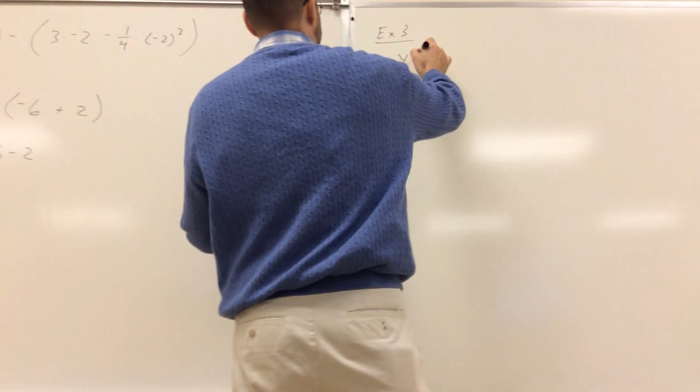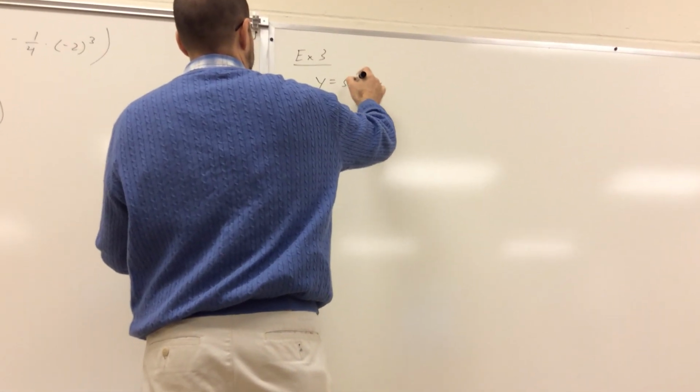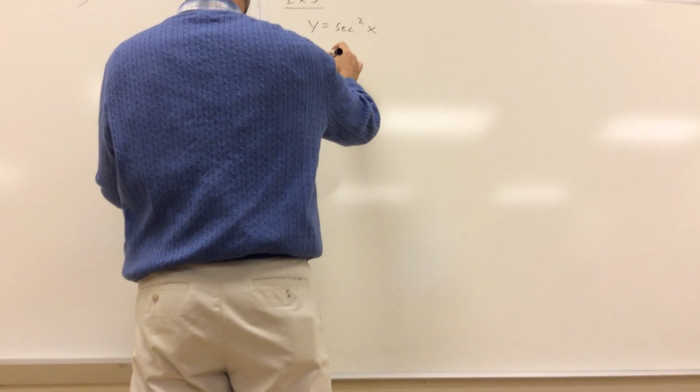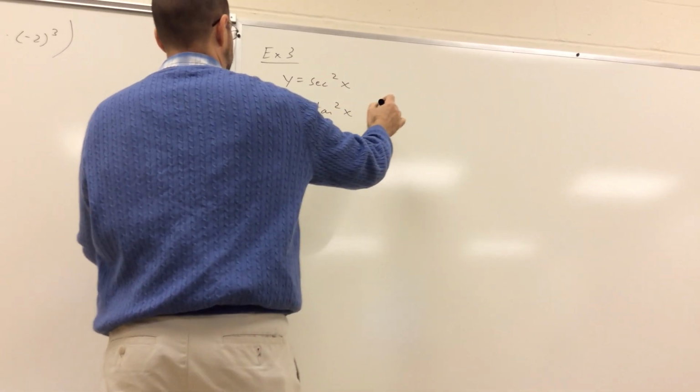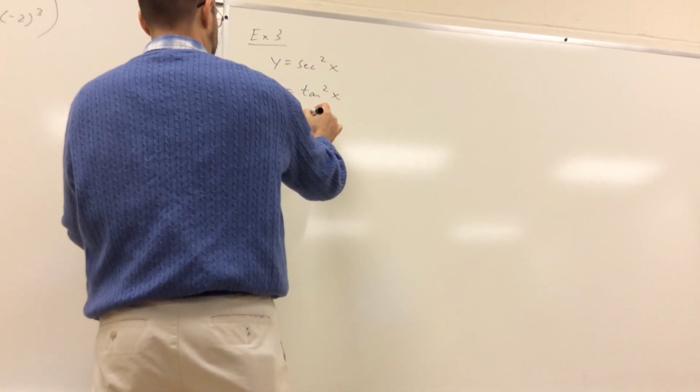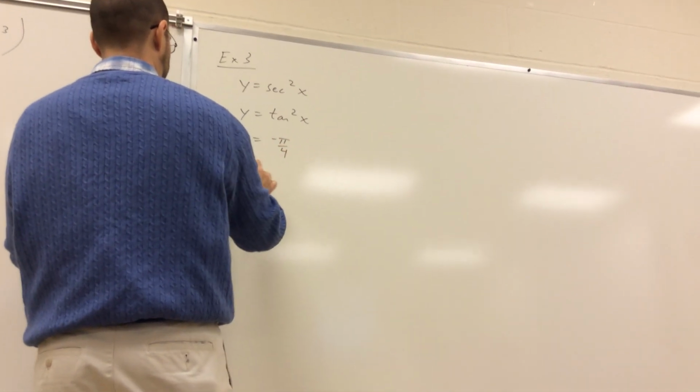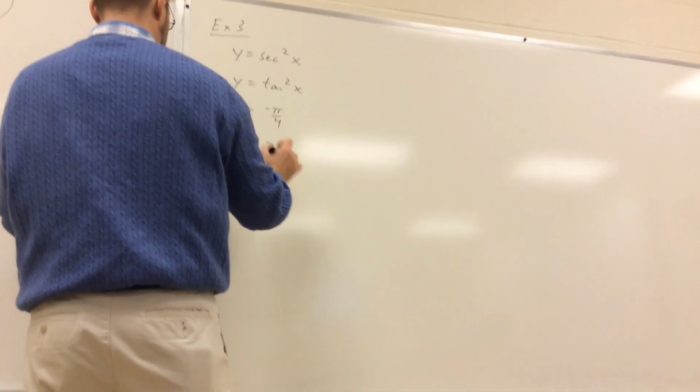So this is y equals secant squared of x, and y equals tangent squared of x, and also x equals -pi/4, and x equals +pi/4.